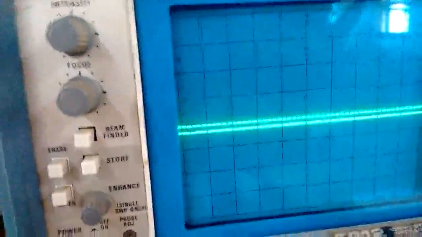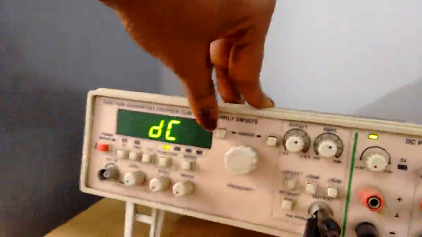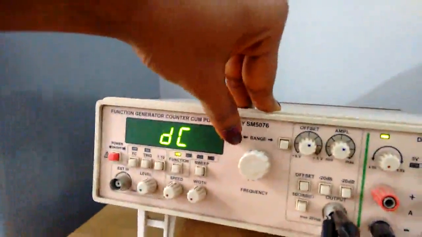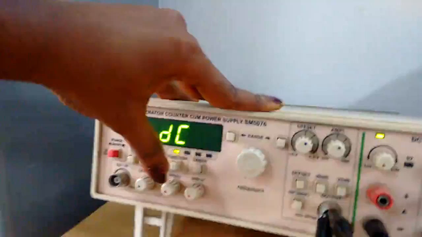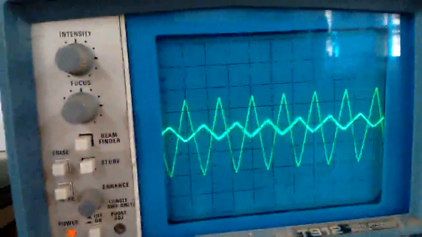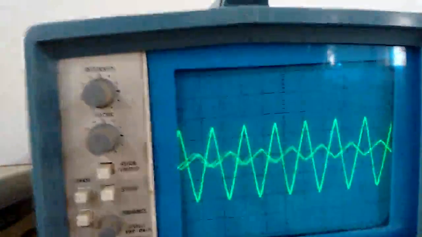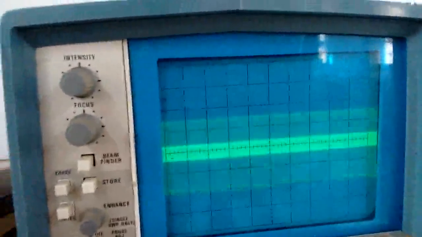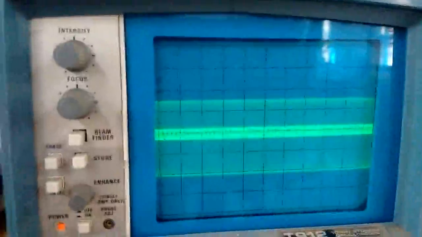I have changed the mode to DC. So the sine wave has increased to kilohertz, but still the input waveform amplitude hasn't changed. Yeah, I'm going to decrease. It hasn't changed. So the resistor is frequency independent.